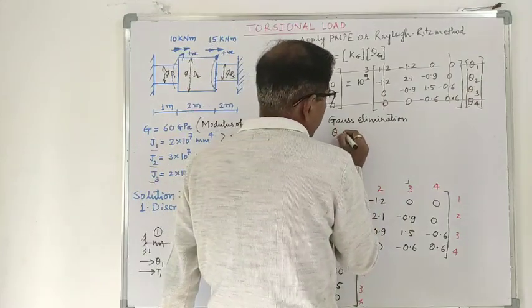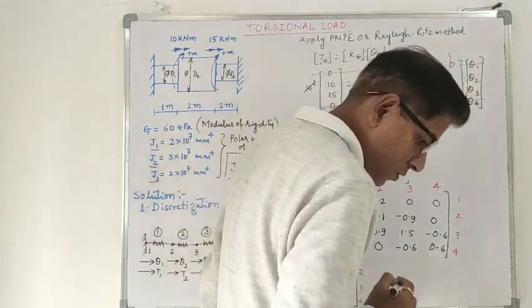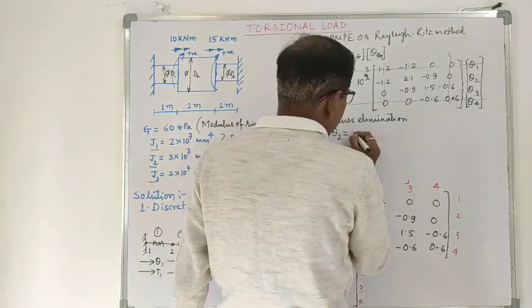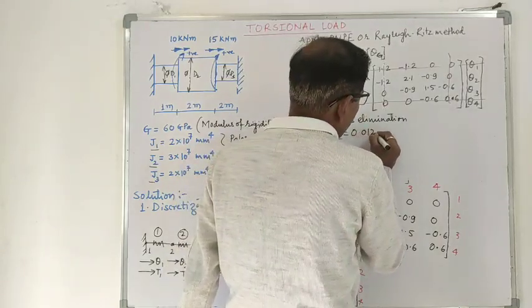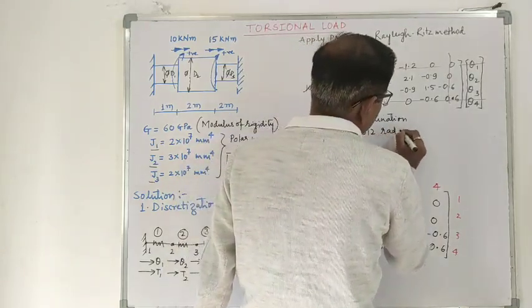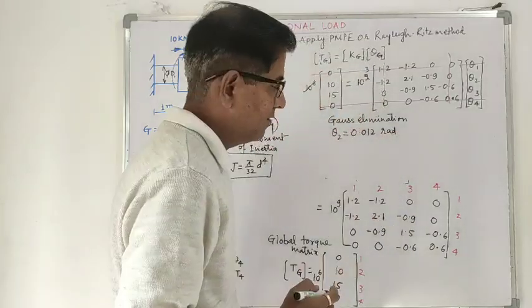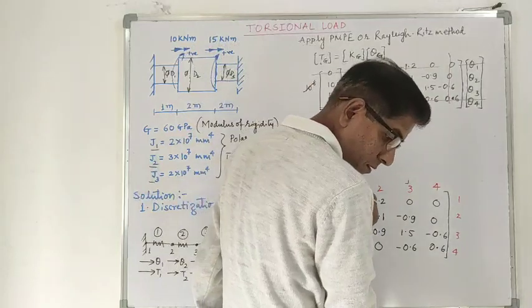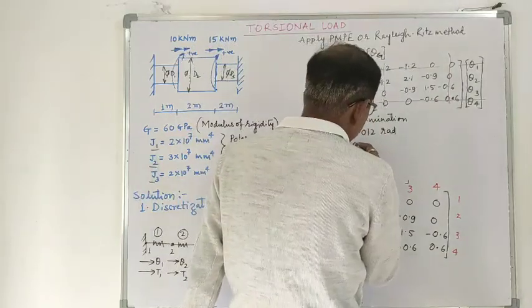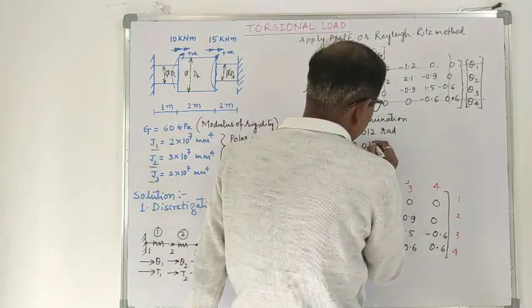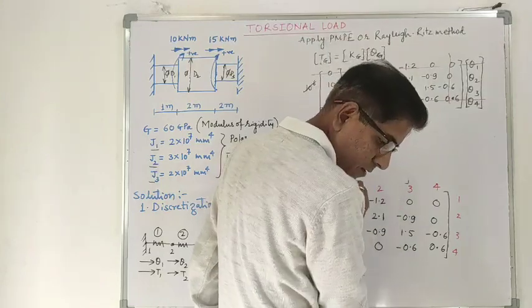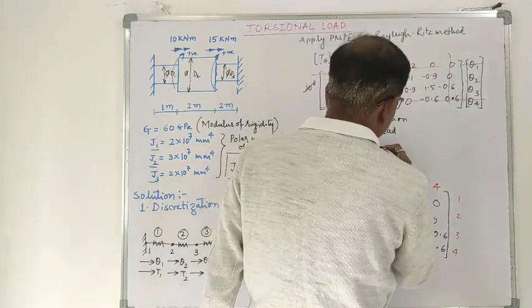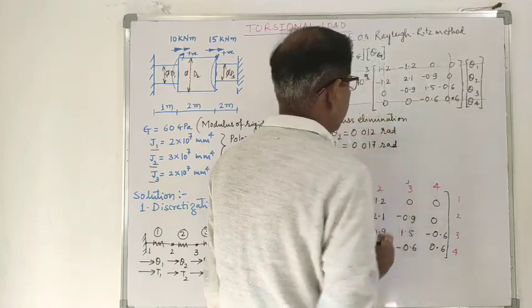So theta 2 comes out to be 0.012 radians, and theta 3 as 0.017 radians. Okay.